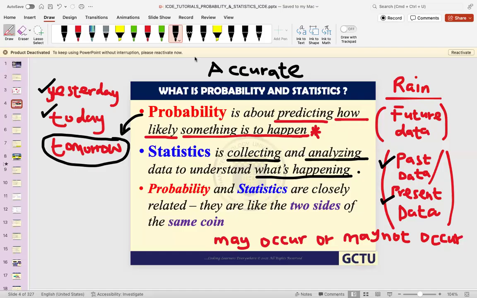So it means that we will need the two to be able to analyze accurate data.